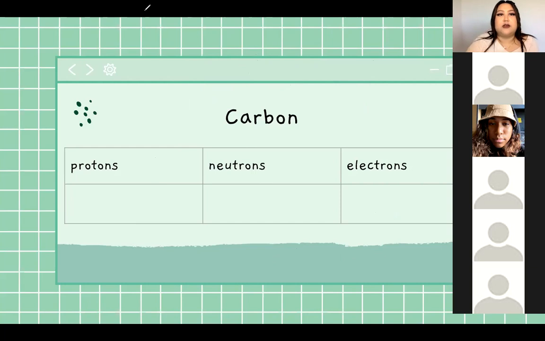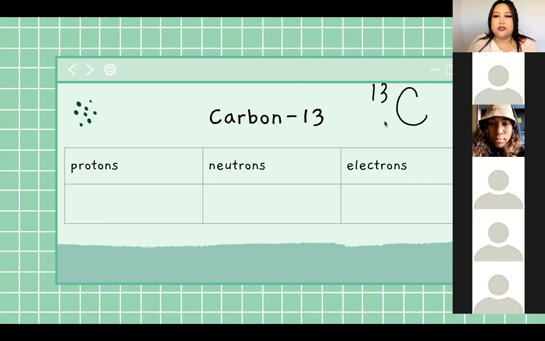Okay, so moving on to carbon 13. Another notation you might see is C13(6). How many protons are there in this isotope?